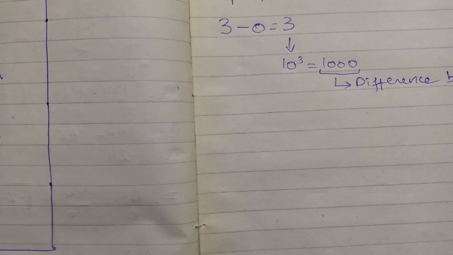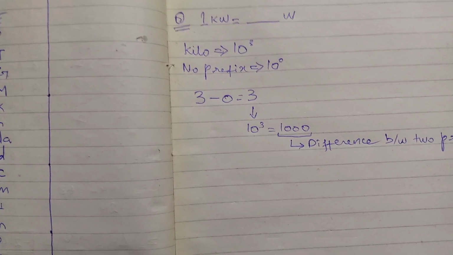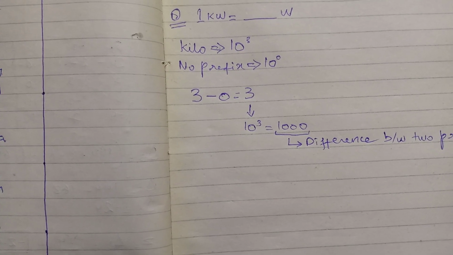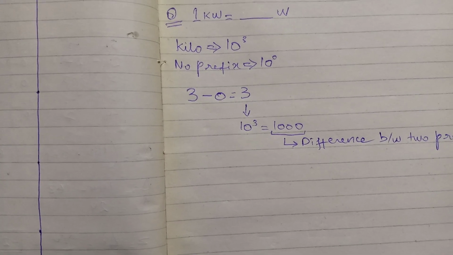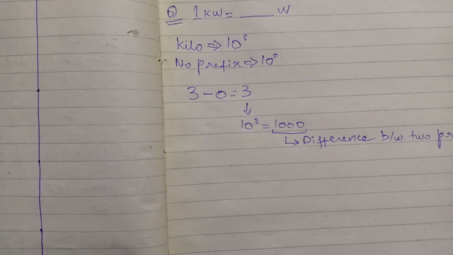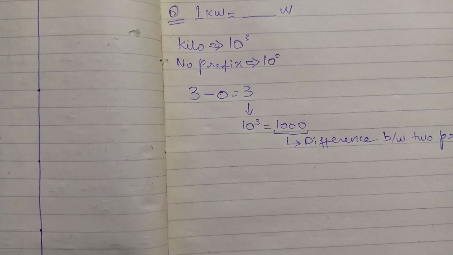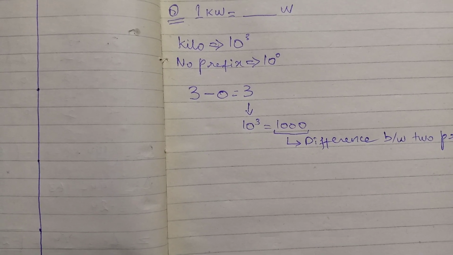So 1000 is the difference. Now recall one thing which you were taught when you were in school. Teacher always says, student, if you want to convert a higher value into the lower value, then you just have to multiply. And if you want to convert the lower value into the higher value, you have to divide.